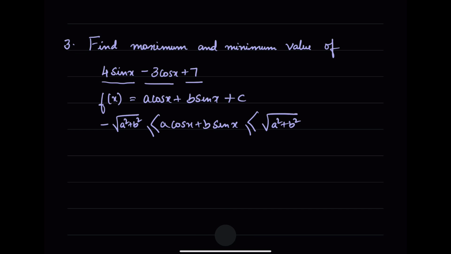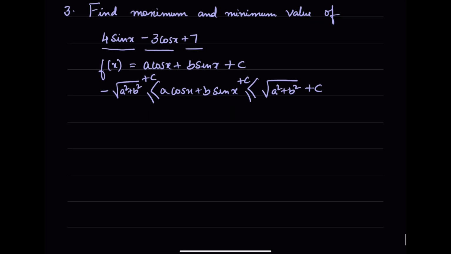Now we want to find the maximum value of something which is not of this format, but there is an additional constant value. So what we do is we just add this plus c on all the sides. That will give us the maximum and minimum value of a cos x plus b sin x plus c. So what would the maximum value in this case be?